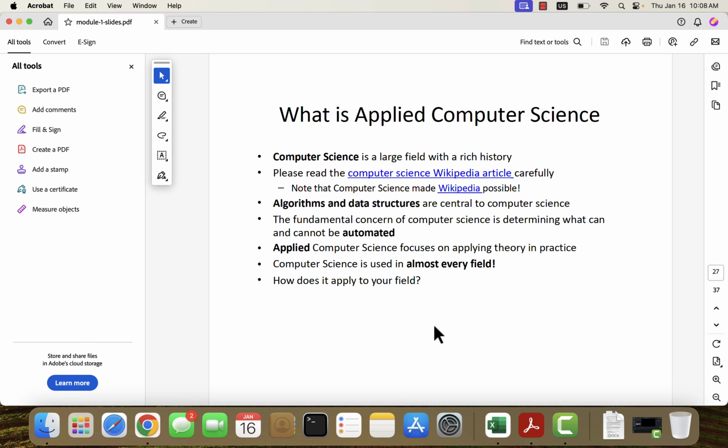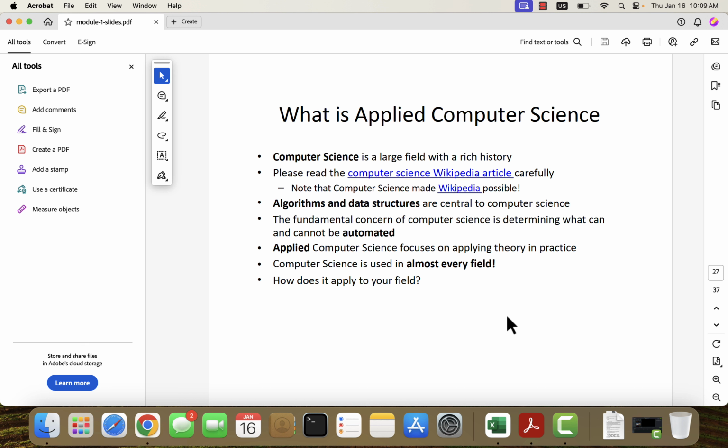What is applied computer science? Well, first of all, you have to understand that there is a difference between computer science and applied computer science, okay? Computer science is a large field with a rich history, right? And I strongly recommend that you read the computer science Wikipedia article carefully, but computer science is a broader area in information technology.